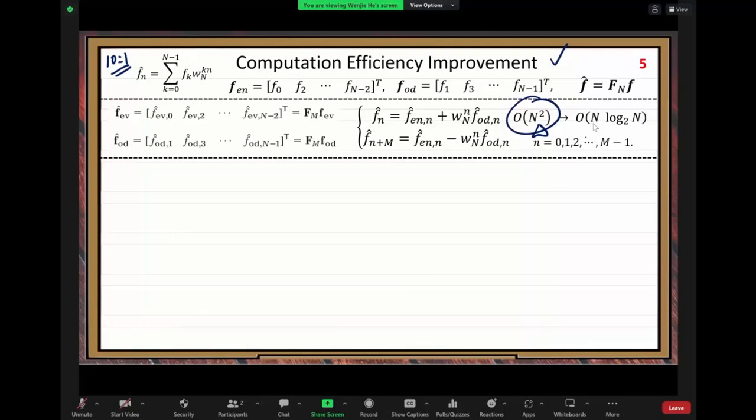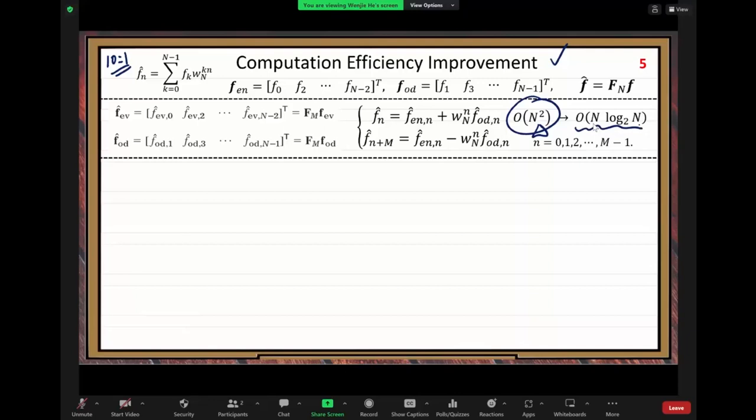If you have a lot of redundant computation, then the overall efficiency would be very slow, very bad. So we want to remove those unnecessary redundant computations to make it faster. Our goal is to get big O of n log base 2 of n. That improvement is very big.